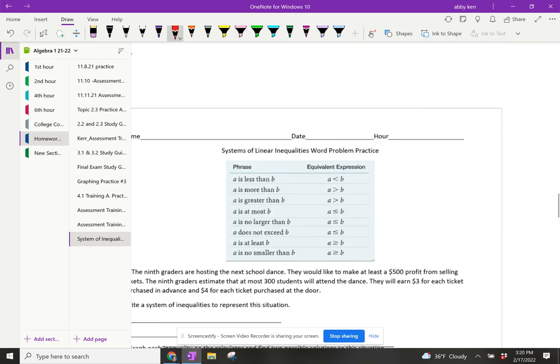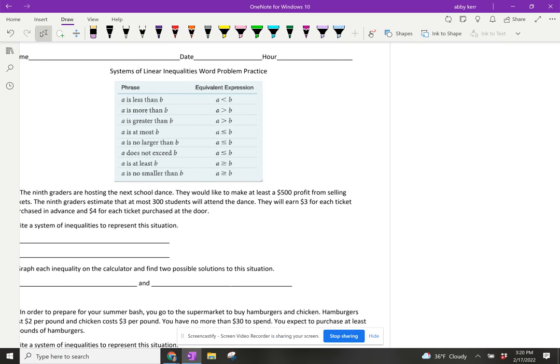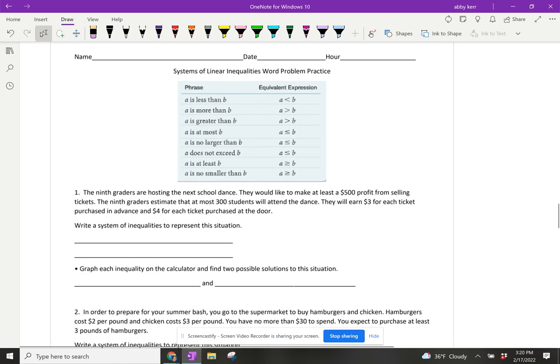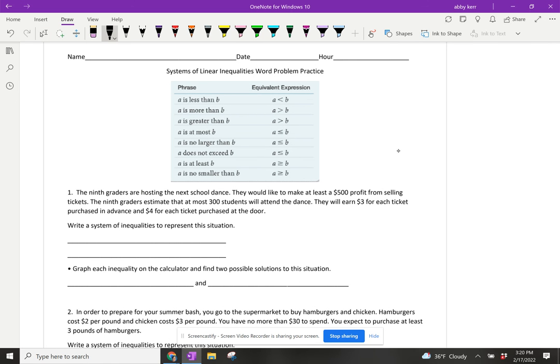Now, something that we did today are word problems. Please use this guide to help you. You have to come up with your x value and your y value. So in this case, the ninth graders are hosting the next school dance. We need to make at least a profit of $500. So at least gets you this symbol from selling tickets.